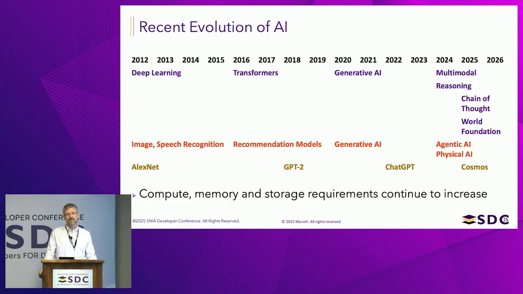But then there's also a lot of activity around physical AI, robots that are intelligent, that learn in the world. And so as you can see, the complexity of AI algorithms continues to increase. So it also puts more requirements in terms of compute, memory and storage.